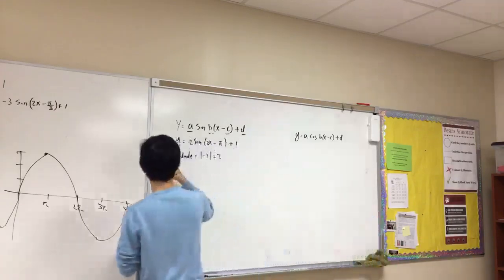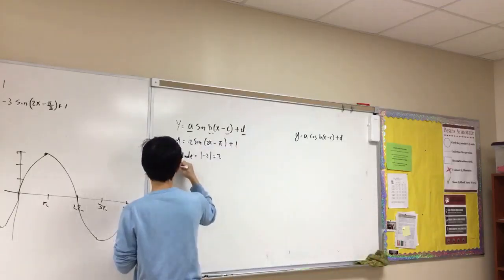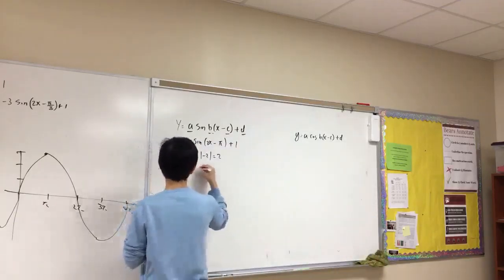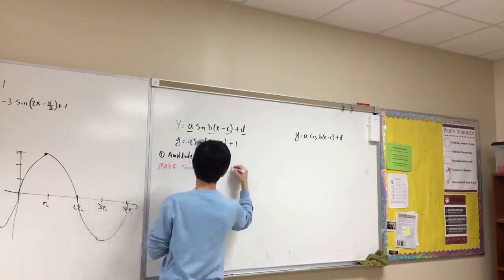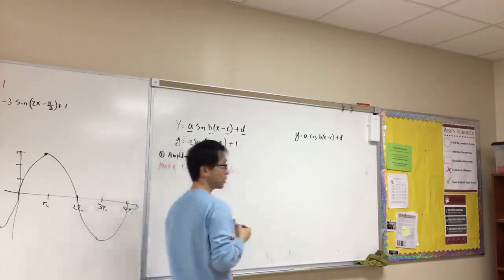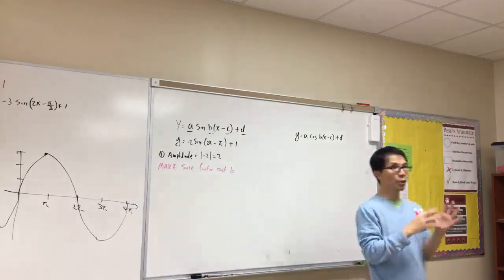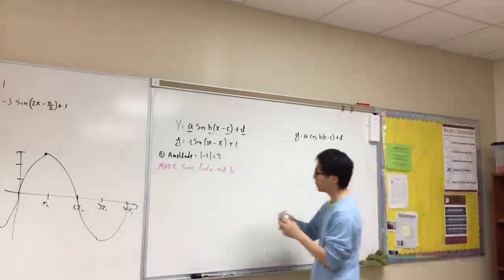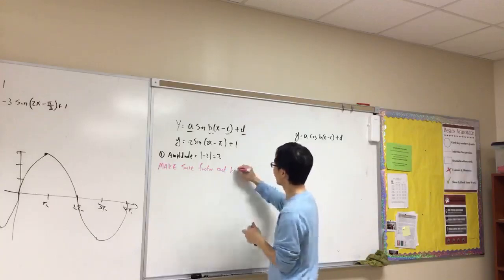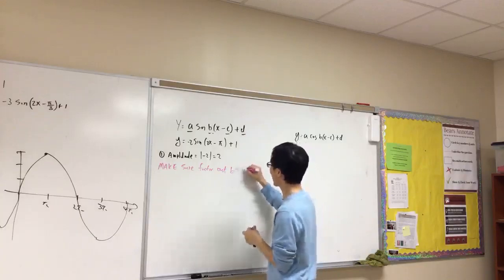So make sure. I'm going to write: factor out B. Then you have a B out there, so make sure you do this. This is what people are going to forget.